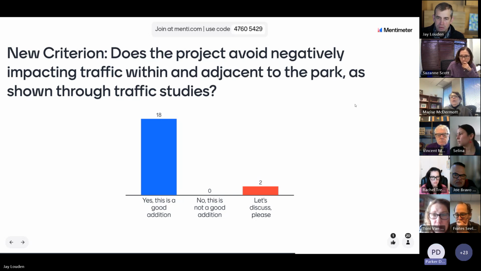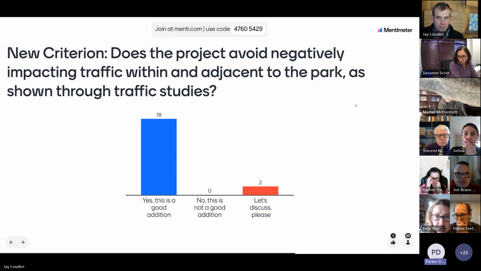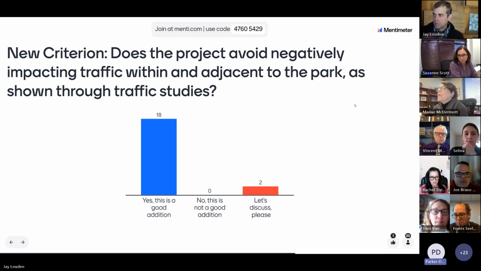Yeah, because the way this is worded, it's like we can't do anything if there's going to be more car traffic coming, and I personally don't want that for the park. I think we don't want it to impact the surrounding neighborhoods like River Road. River Road needs to be accounted for with these projects, because they can't get in and out of their neighborhood if we don't do a traffic study and figure out the traffic patterns to improve that. I'm just not a fan of the wording of this.